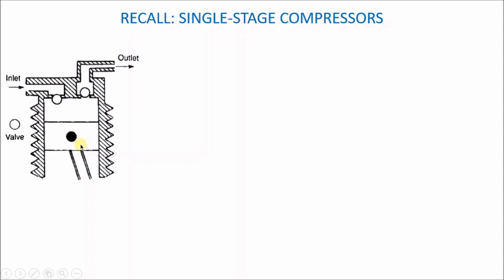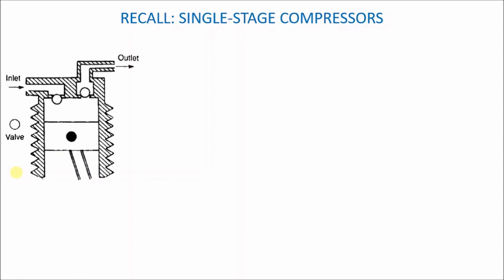And so when we say a single stage compressor, all that we mean in power machines is the number of cylinders that you have. When you only use one cylinder to achieve the compression of the air, that particular arrangement will be referred to as a single stage compressor.